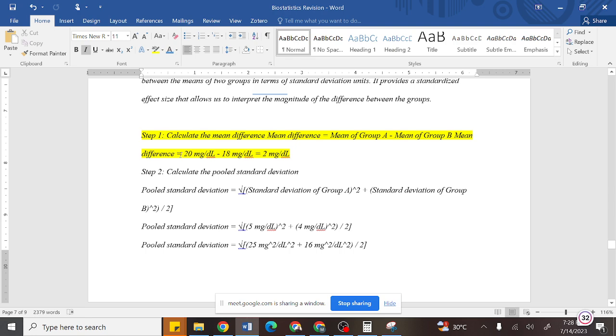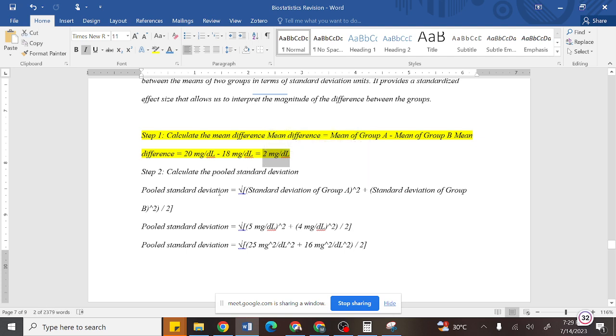So you get the difference of the mean, which in this case, one group had a reduction of 20 milligrams per deciliter, and another had a reduction of cholesterol level of 18 milligrams per deciliter. And you have a difference in the mean of 2.